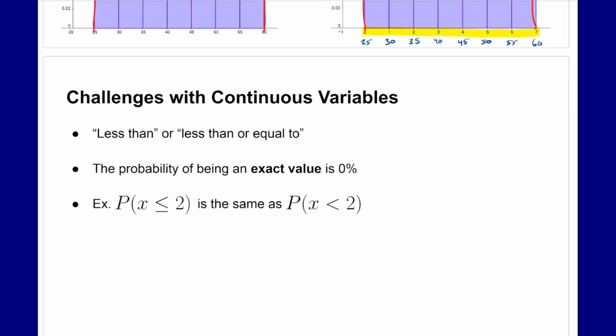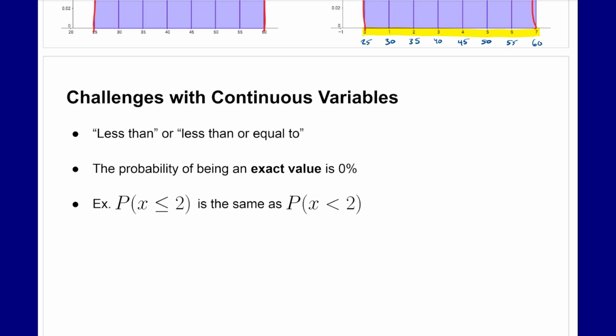The other challenge is when we say less than or equal to. We've talked about looking at things like less than 1 basket or less than or equal to 1 basket. When you come across those situations, you might ask, how do I differentiate between less than and less than or equal to?